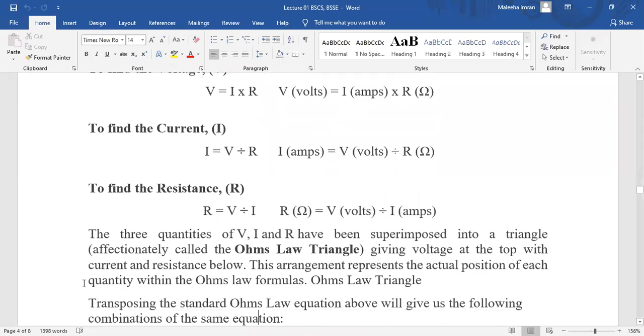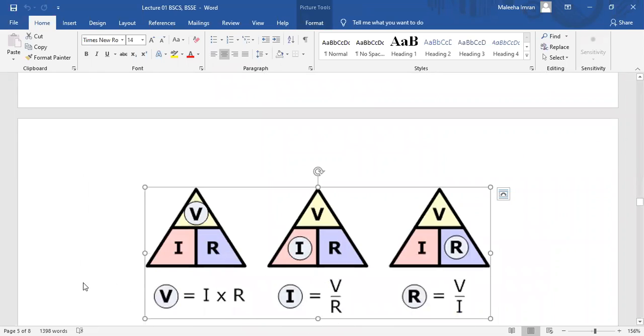So this is the Ohm's law triangle: you can measure voltage by taking the product of I and R, whereas the current is measured as the ratio of V by R and the resistance is measured as the voltage by current.